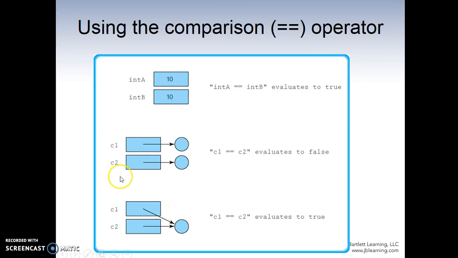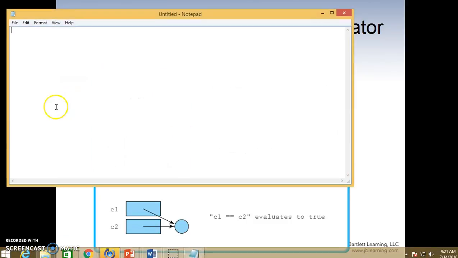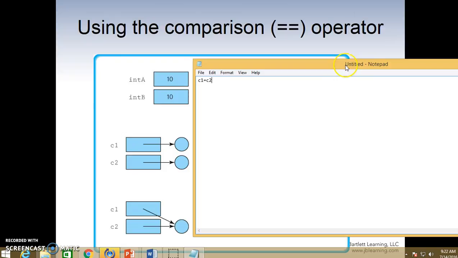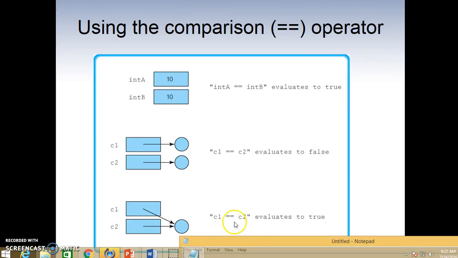But if we assign C1 equals C2 afterward, then the reference of C1 is going to reference C2. Then if you do the two equals comparison, it's going to return true, because now they reference the same object.